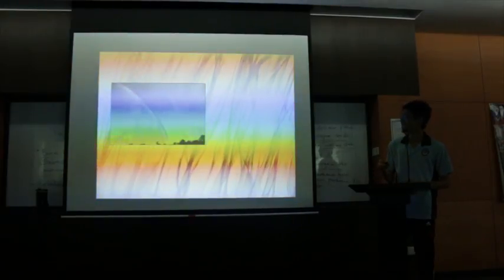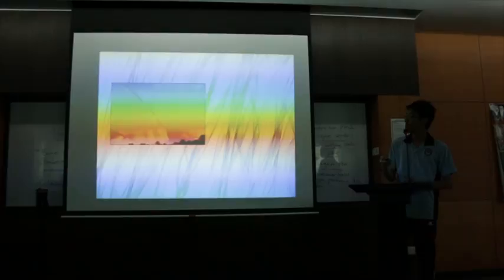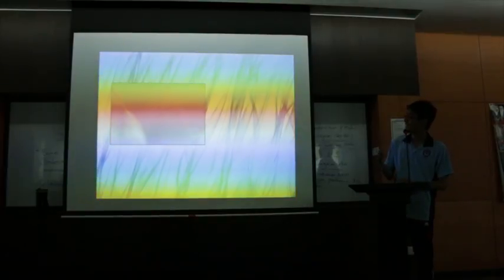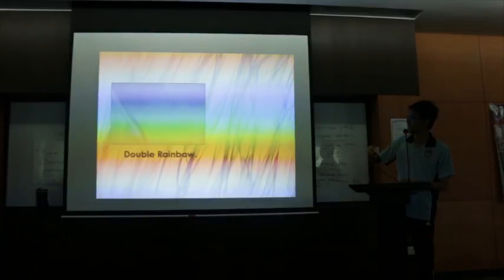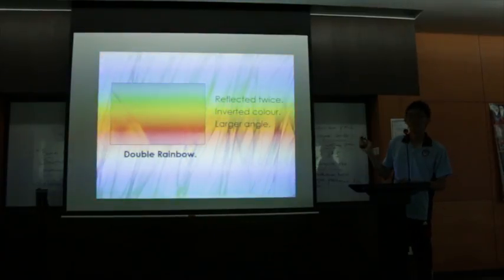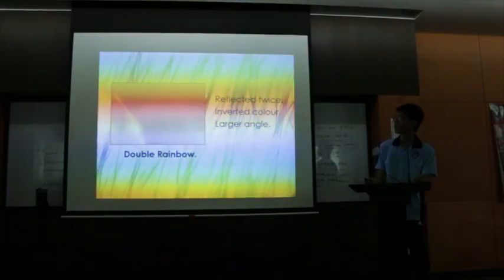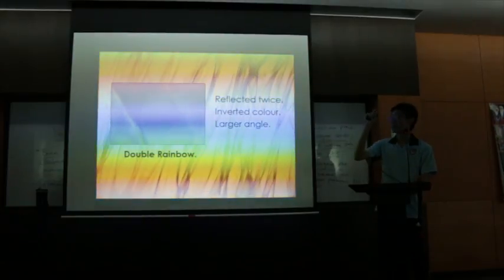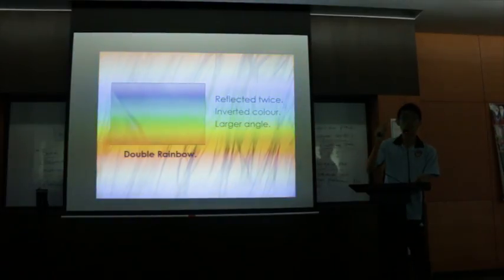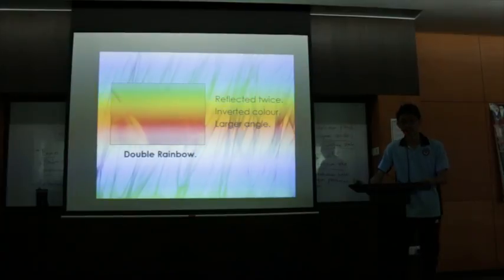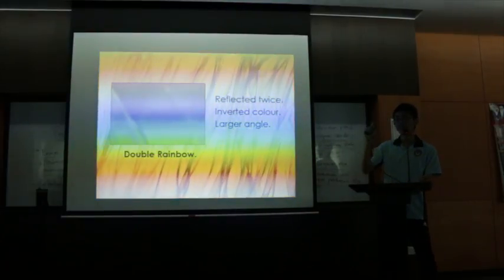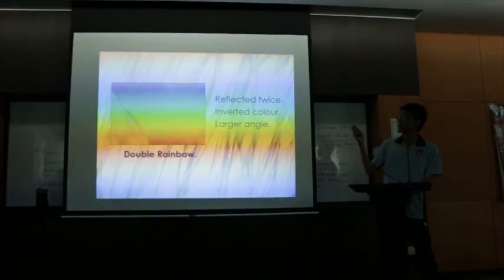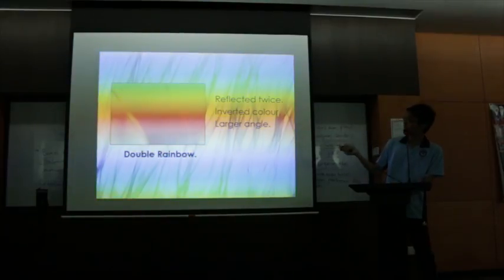This is the same picture, except if we zoom in, there's actually a double rainbow. It forms when light is reflected twice. When it's reflected twice, the colors will invert. As you can see, it's really hard to see.